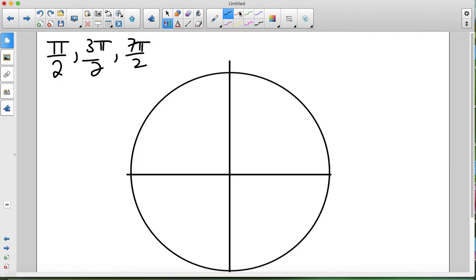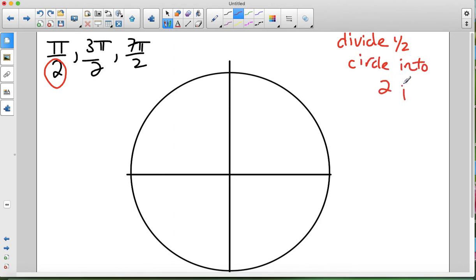So the first rule of thumb is you look at your denominator. If your denominator says 2, you're going to divide your half circle, only your half circle, into 2 parts. If your denominator says 3, then you're going to divide your half circle into 3 parts. We'll do that next. For now, let's divide our half circle.